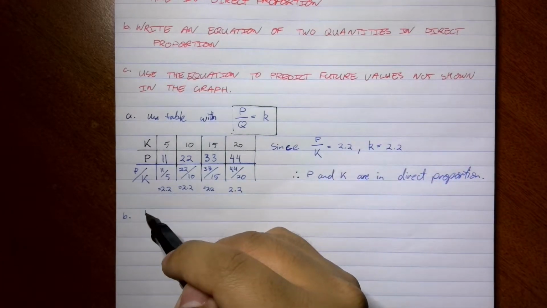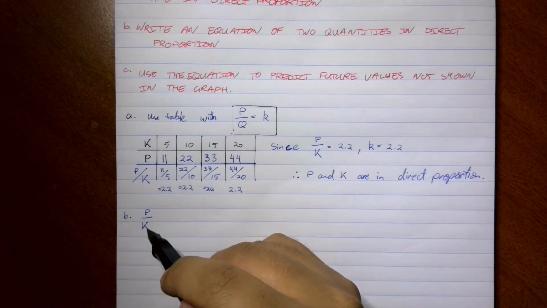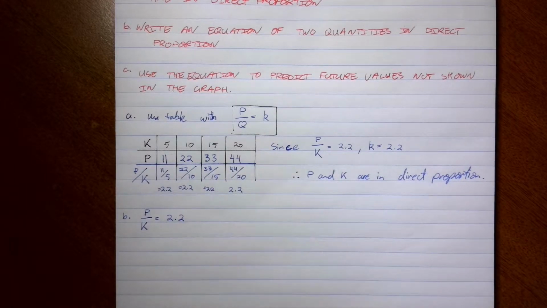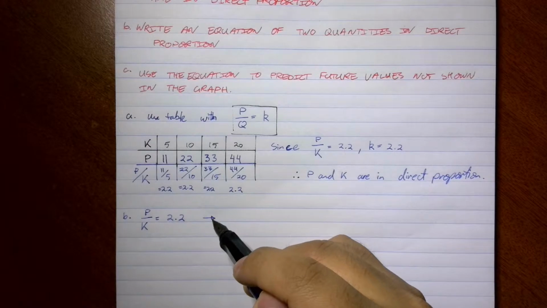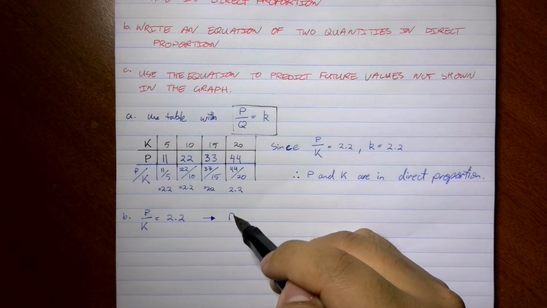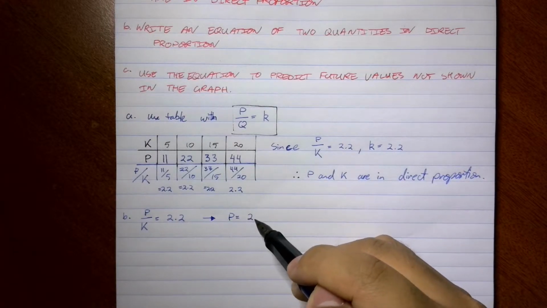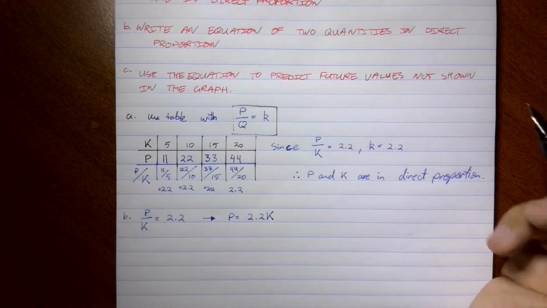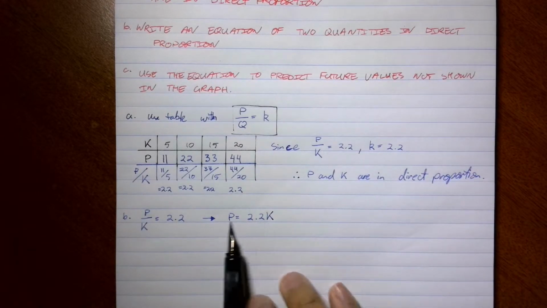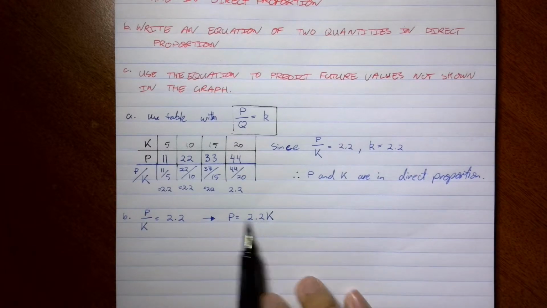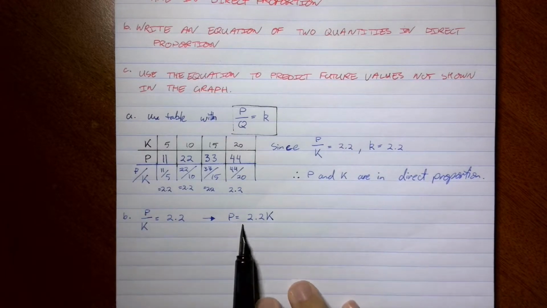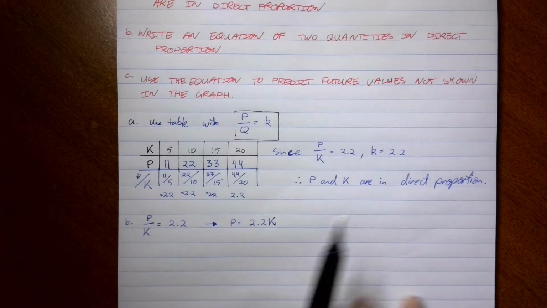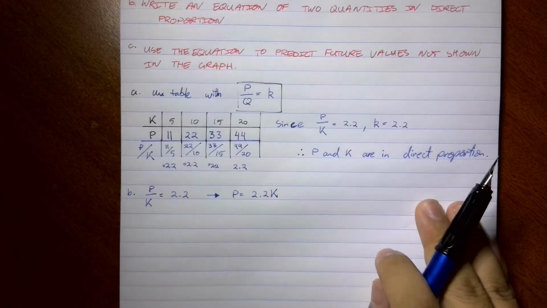So we know that P over K is equal to 2.2, but we're going to make this into P equals 2.2K. And this is the linear equation we're going to be using, not this one. So this is the linear relationship between P and K.